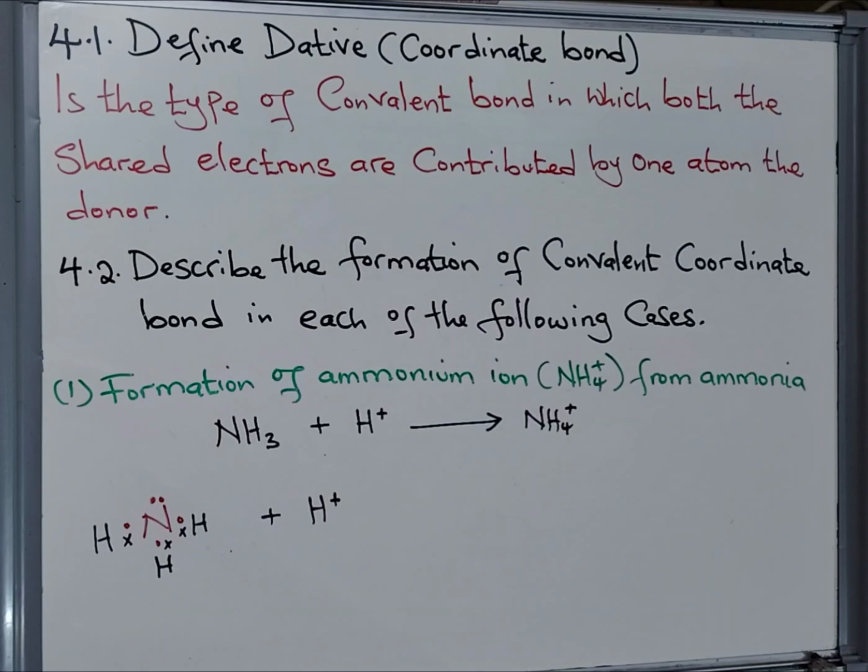Now, I need to tell you that hydrogen ion, unlike a normal hydrogen atom, does not have any electron. By indicating it positive, it implies that it lost its electron. When a species loses electron, it becomes positive.